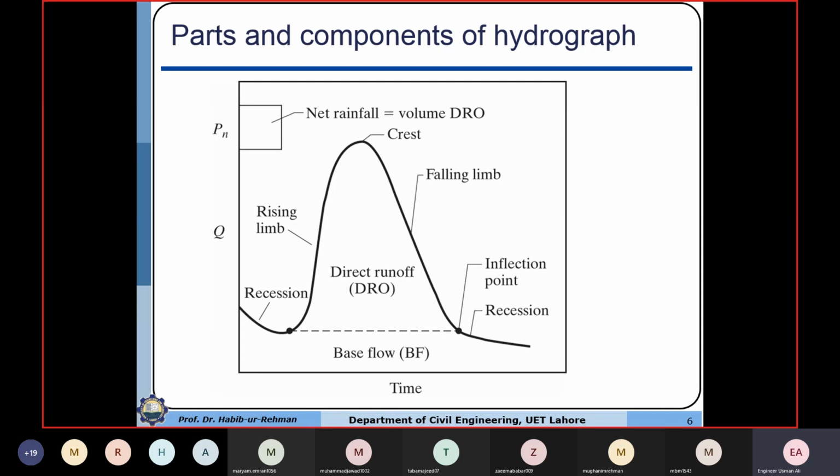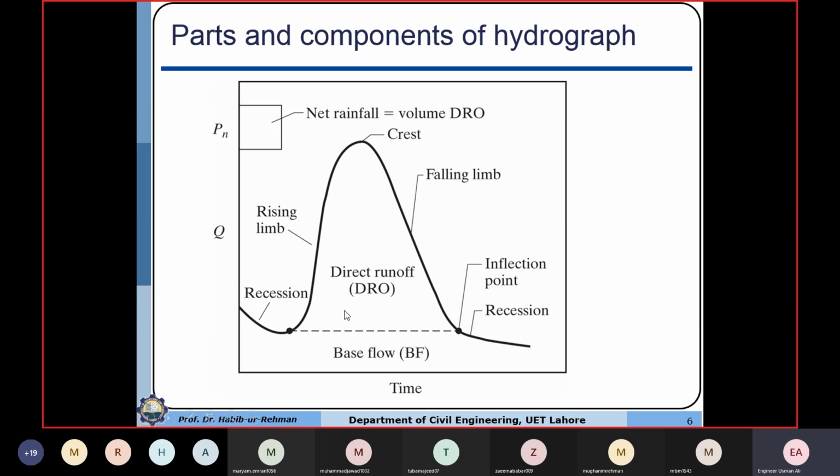So many factors relating to the rainfall characteristics are involved. All those factors, like more intensity, more amount, type of the precipitation like rainfall, tend to increase the surface runoff, and they will make this rising limb steeper, with more peak discharge and less time to peak.